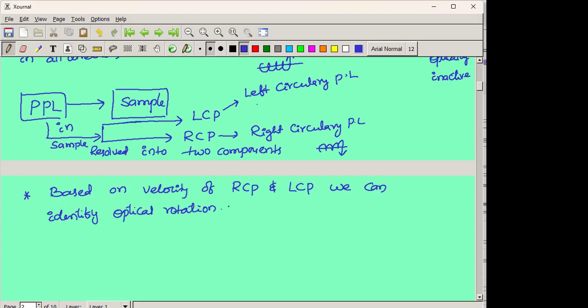Which one has more velocity? That will come first. Based on that, we can identify whether it is dextrorotatory or levorotatory. So this is about the rotation.